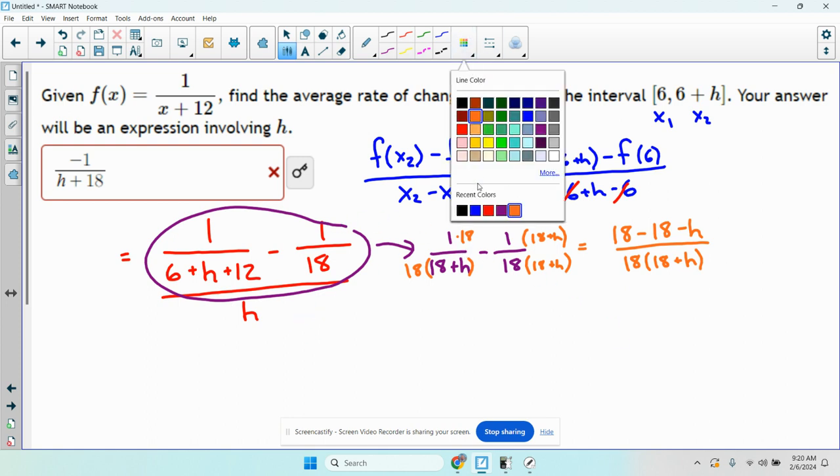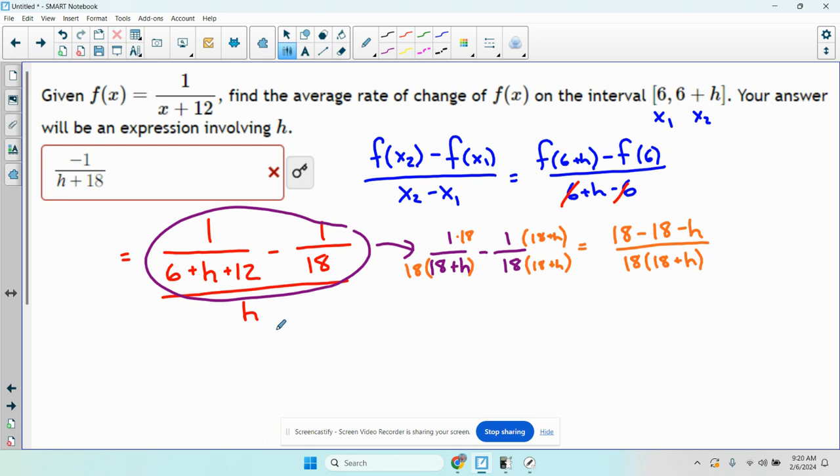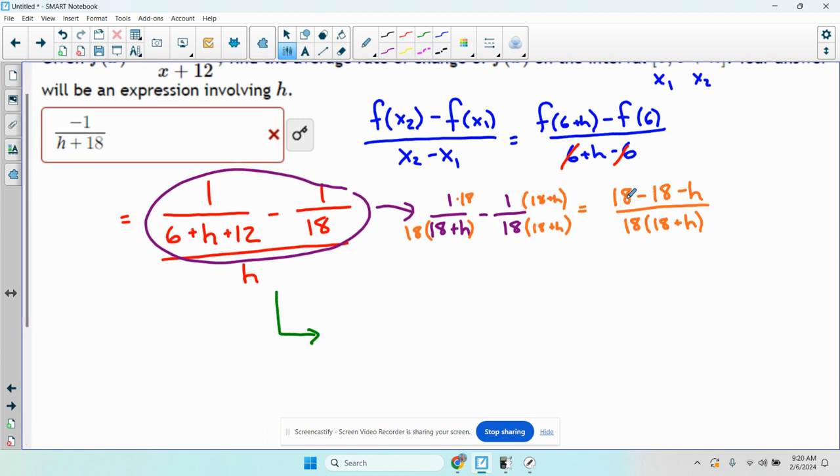I'm going to jump back to this. My numerator now is 18 minus 18, so this is going to be negative h over 18 times 18 plus h, over h.